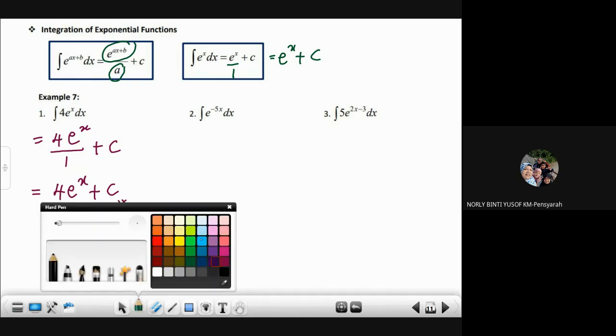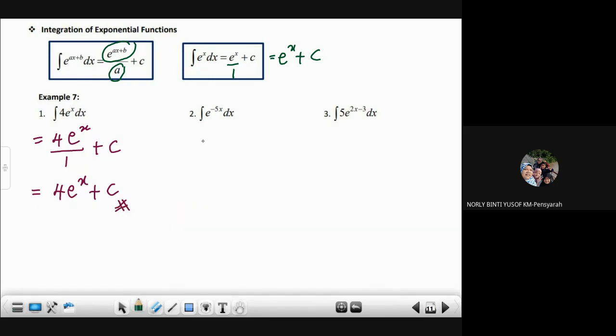Then look at example 2. Example 2 is the same thing: e power of negative 5x. It is already in the power as negative.